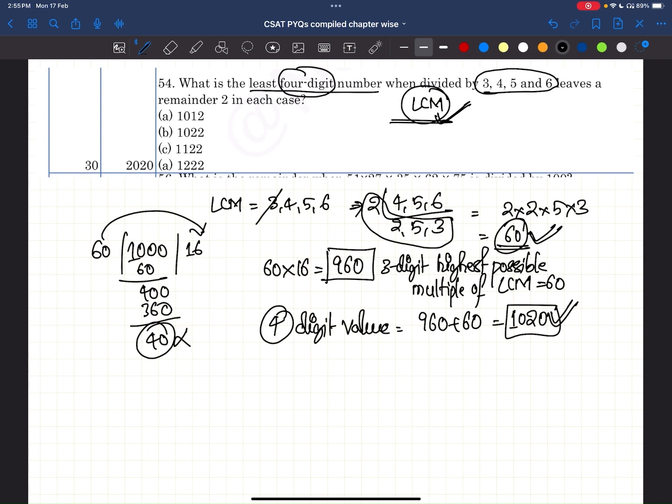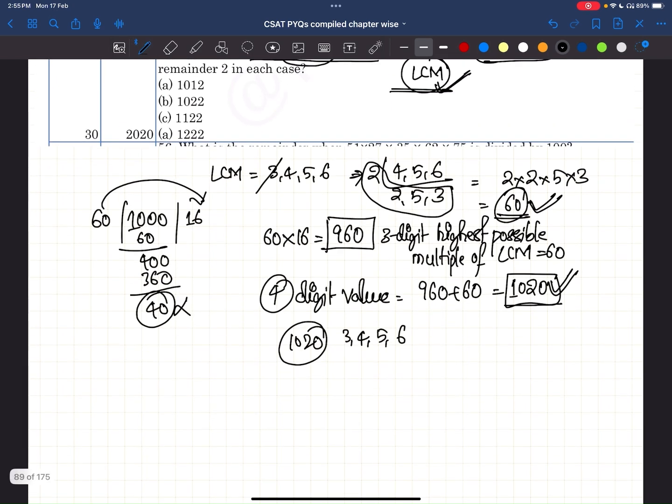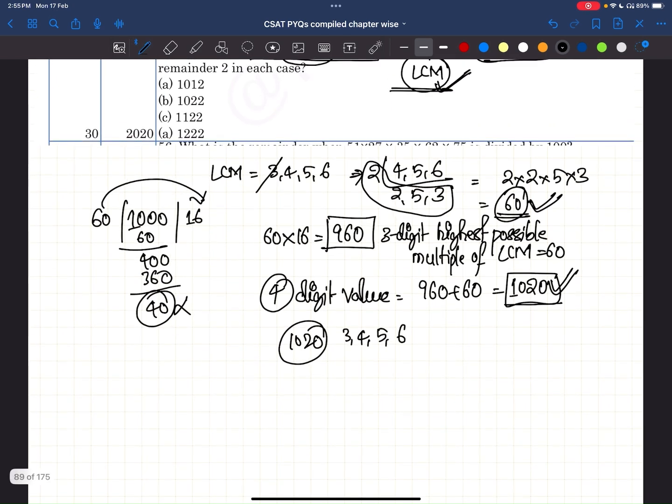Now if you consider this directly, 1020 is divisible by 3, 4, 5 and 6. What is asked? It should leave remainder 2. That means simply we'll add plus 2 to this number. That means 1022. The answer is B.